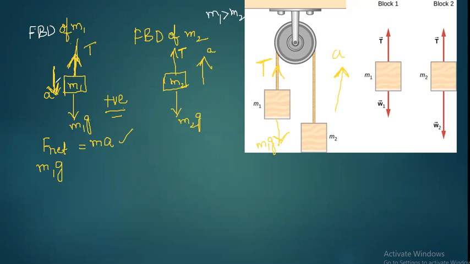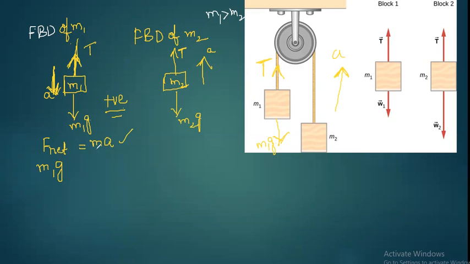So you do one thing always. The motion of the body, moving means it is having some acceleration, okay? So you put the acceleration symbol in the direction of the body movement. Wherever you observe the acceleration direction, those things should be positive and the opposite things should be negative.